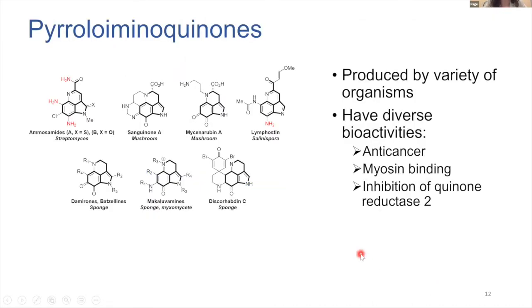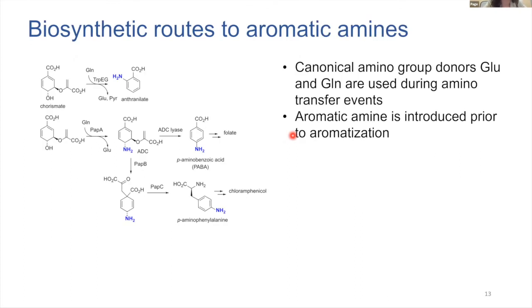So in the broader context of the pyrroloiminoquinones, we've discovered that these molecules, at least in the bacterial systems, are derived from post-translational modification of the precursor peptides associated within these clusters, and that the amino groups are installed via glycyl tRNA. And this is unique because most biosynthetic routes to aromatic amines are utilizing glutamine and glutamate.